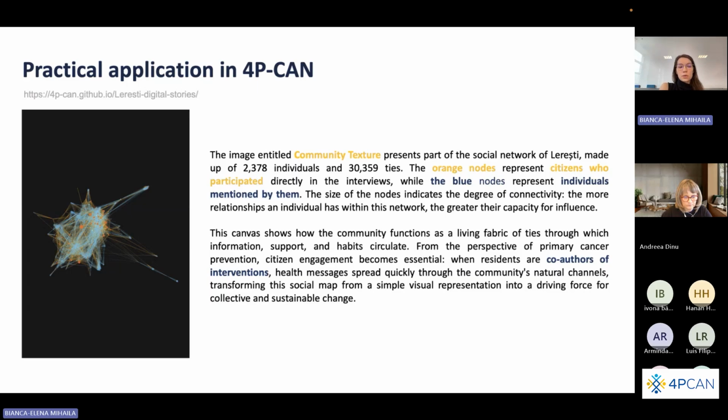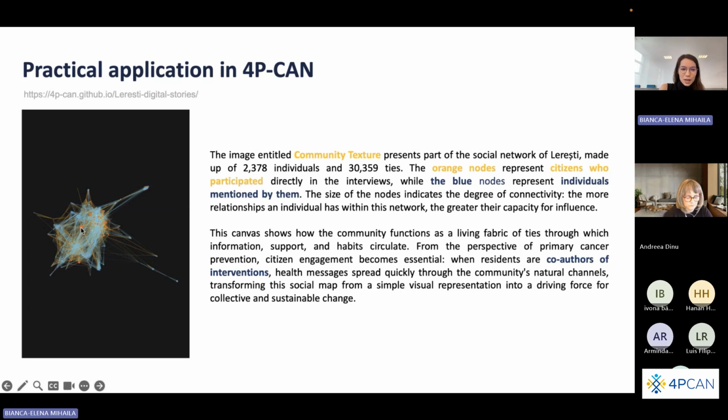This type of visualization is more appealing to citizens, let's say, and maybe not for the academics, but citizens were really impressed and they were trying to figure it out.